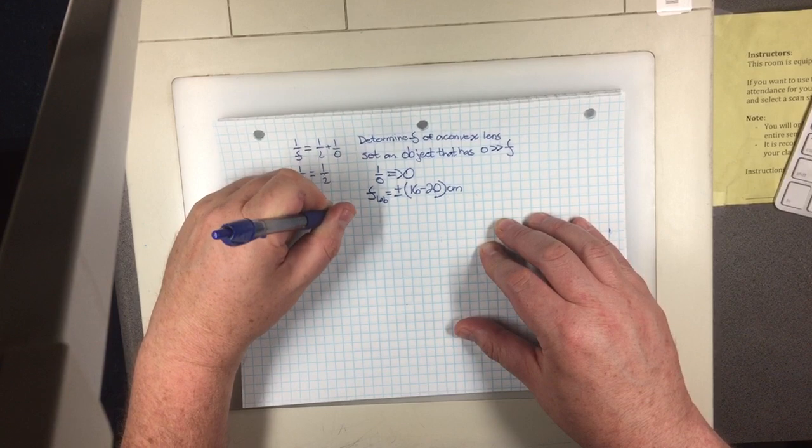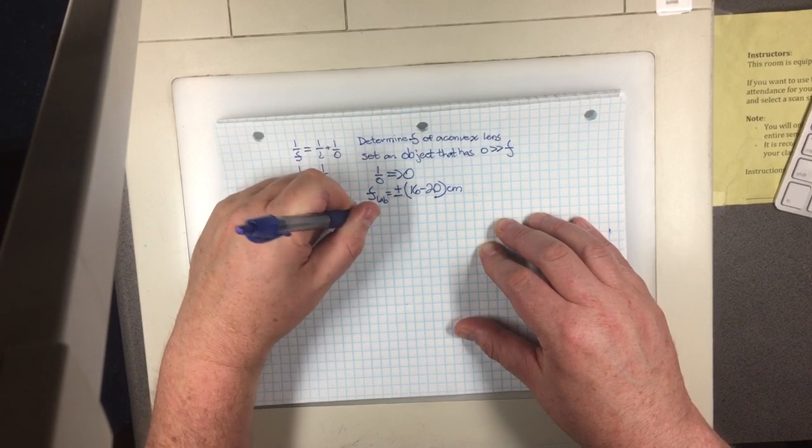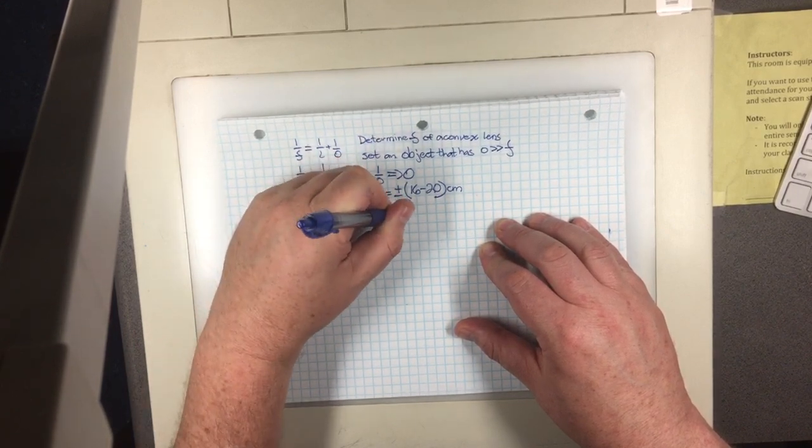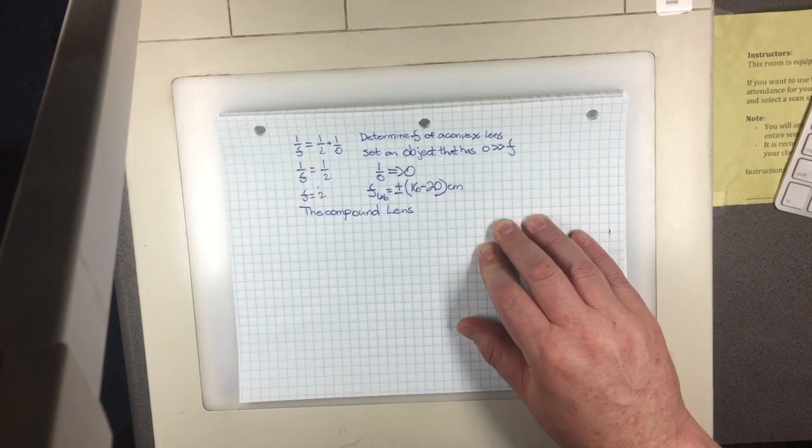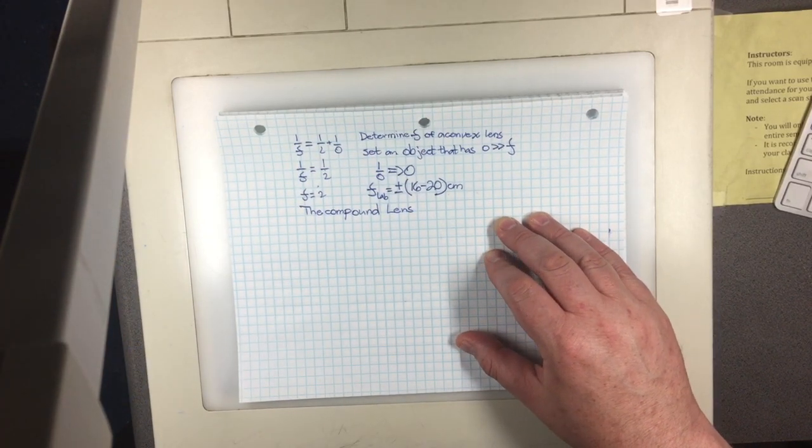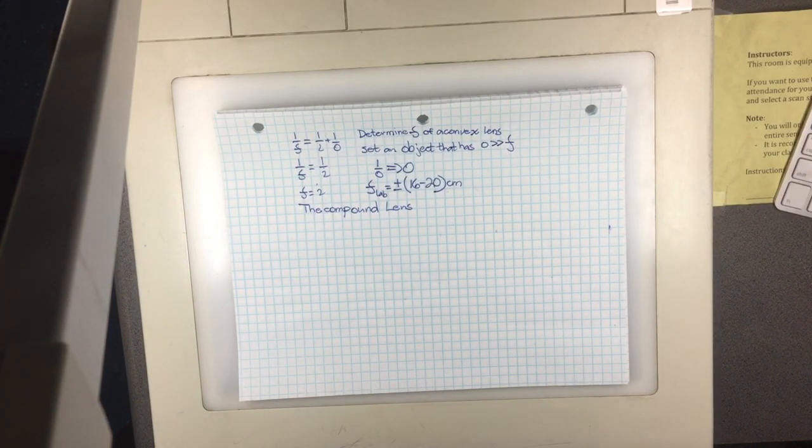The compound lens is a major part of the experiment that you do today.